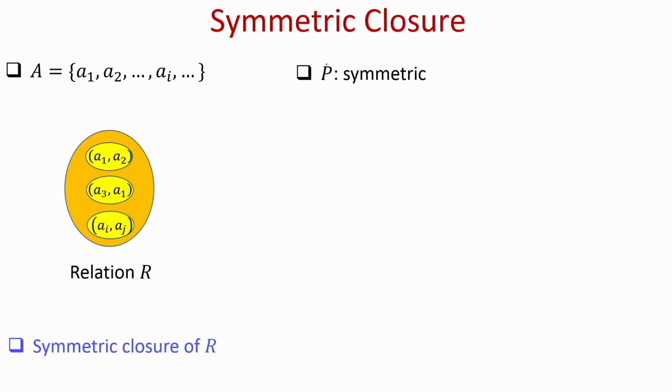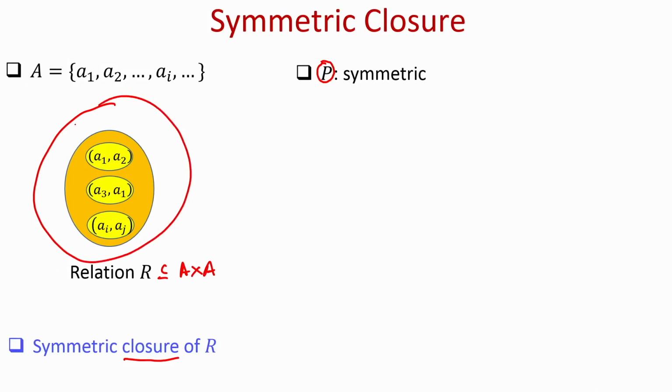Now, let us take the case when my abstract property P is the symmetric property. Again I am given a relation R defined over the set A, and I am interested to form a symmetric closure of R. Why am I calling it closure? Because I am trying to put a layer over and enclose the original relation R and get a relation which has the original R as well as satisfies the property P. That is why it is called a closure.